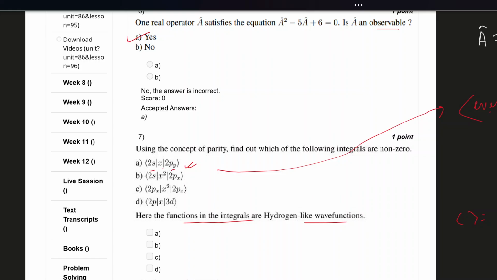Then the second question is taking x squared and then 2s and 2px. So x squared is even parity, 2px is odd parity, and 2s is even parity. So even and even will be counted as even, and even and odd will make it odd. So it's overall an odd parity.